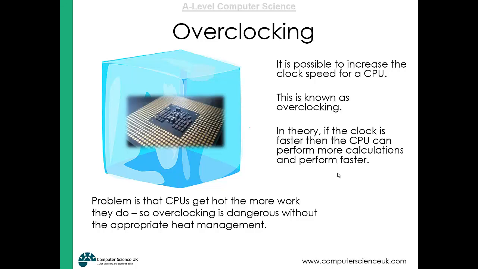And sometimes you're going to get a few issues with programs having errors. So we need to make sure that, if we are going to overclock it, we make sure that it stays cool and that it's not going to cause any further problems to the performance of a CPU.